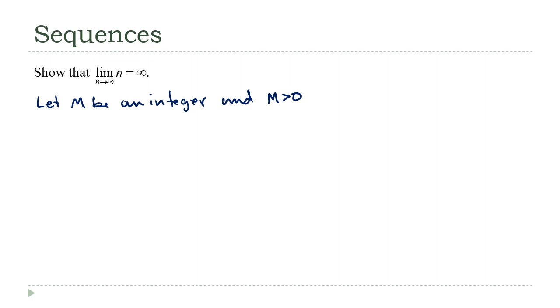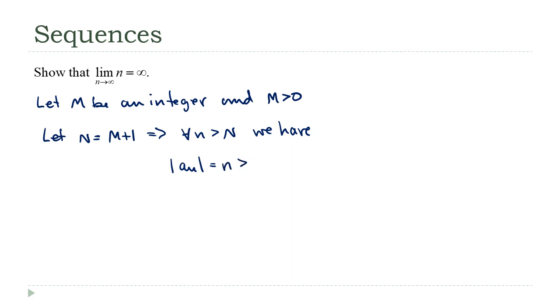All right, so to do this, suppose we let N equal M plus 1. Then look at what happens. If this is the case, then for every n greater than N, we have the absolute value of a sub n equals lowercase n, which is greater than capital N, because that was our assumption here.